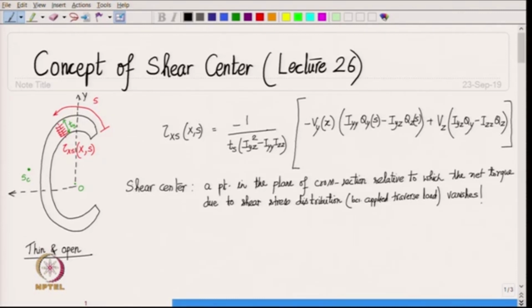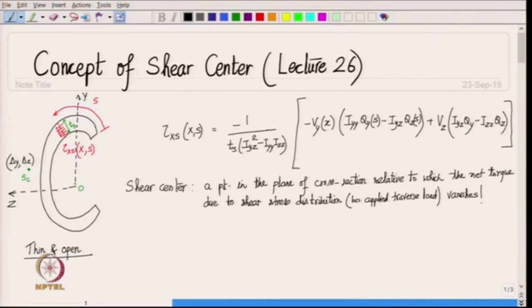So, that is your y axis and z axis, and let us suppose the shear center has coordinates delta y and delta z in this coordinate system. Okay. And then our goal is to find the two values delta y and delta z, the location of the shear center, so that the torque due to the shear stress distribution vanishes.